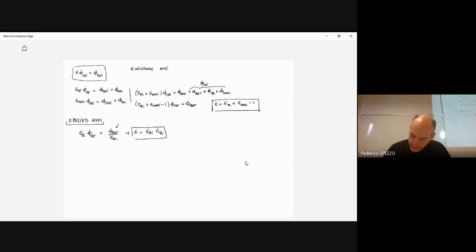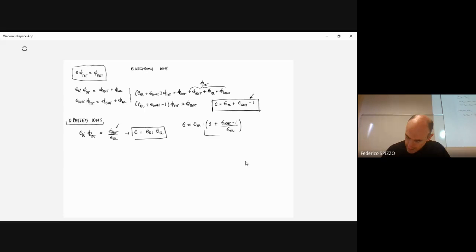So at this point, we may say that the relative permittivity is the electronic contribution times, if we collect the electronic contribution, 1 plus (ε_ions minus 1) divided by the electron contribution.